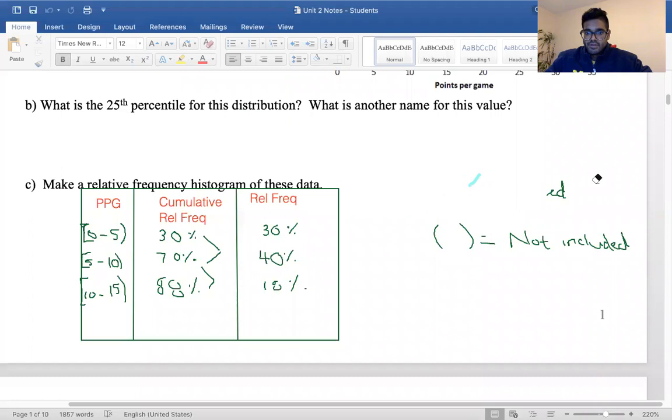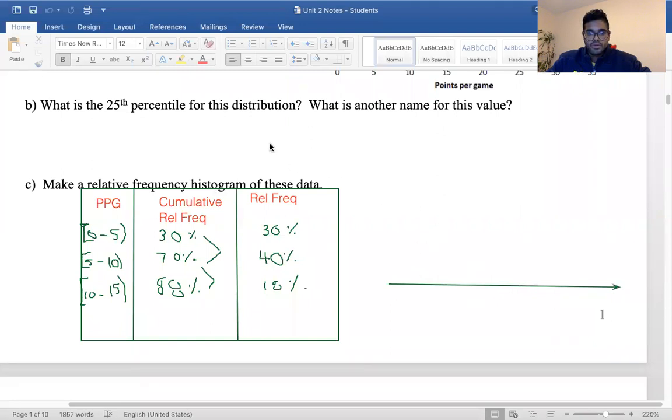So get rid of some of this stuff. Now if I want to turn this into a histogram, it works out pretty easily. So I can draw some axes. And then here is my vertical axis.